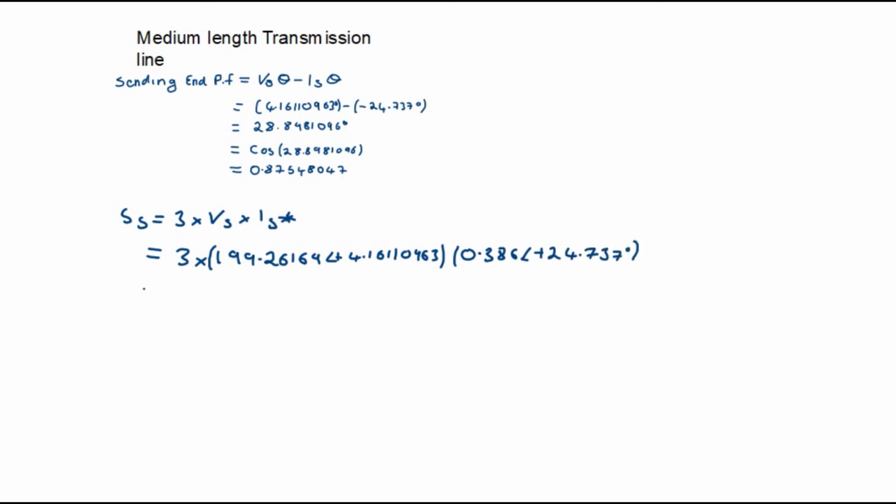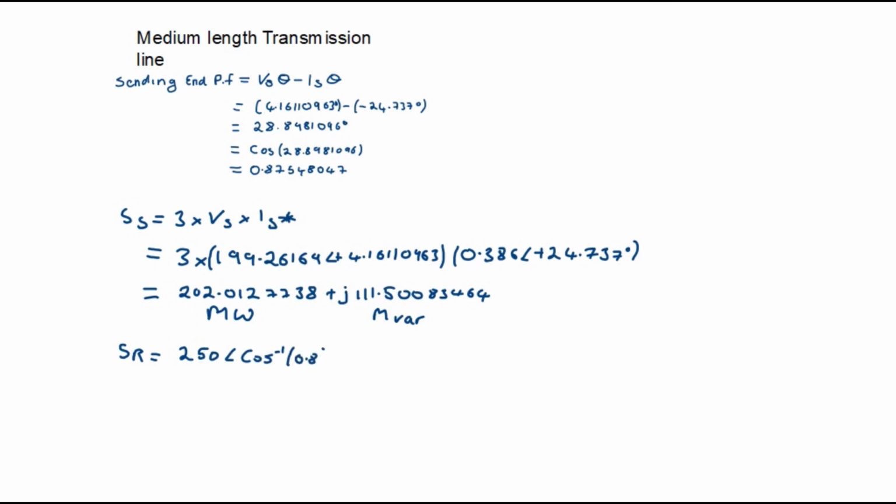The resultant megawatt is 202.0127738 plus J111.50083464 MVAR. The receiving end apparent power SR is equal to 250 cos minus 1 0.8, which is equal to 200 megawatts, and J150 MVAR.